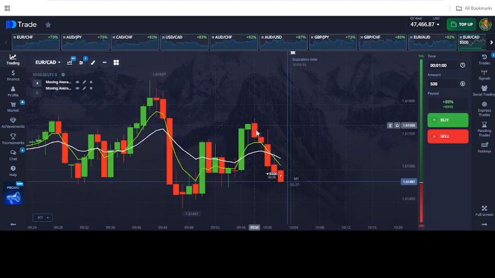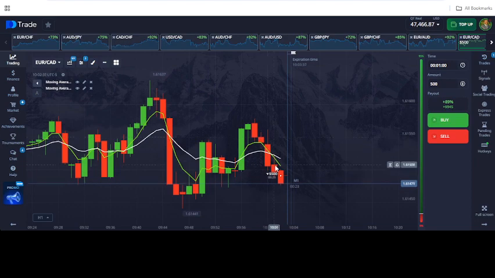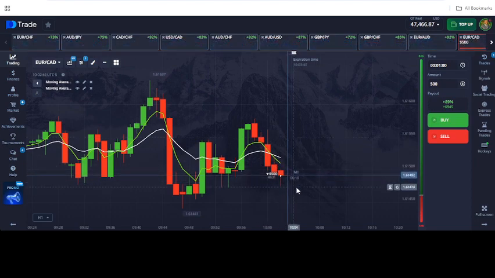And secondly, we have several bearish candles that have formed here in a row. So this suggests a continued bearish trend to the downside over the next 60 seconds. So let's monitor this trade and wait for the expiration.